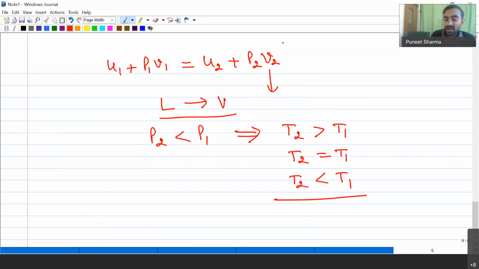Which of the conditions will be true is controlled by the Joule-Thomson coefficient, and I will discuss the Joule-Thomson coefficient in our subsequent lectures, while we talk about refrigeration cycles in more detail.